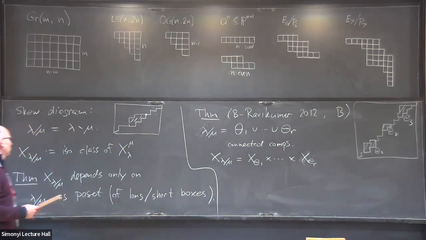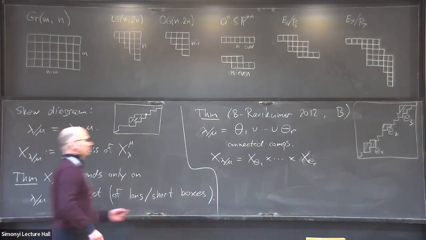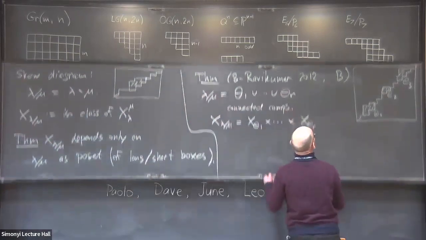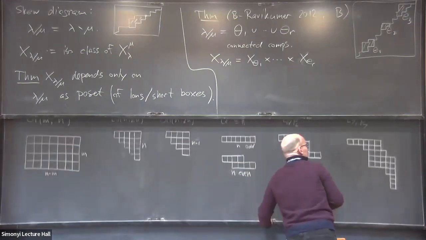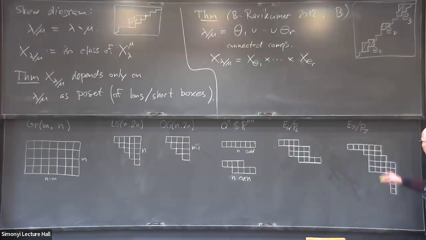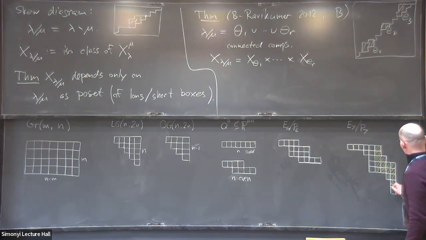Actually, now we have this theorem here. One example of that is if I roll this board down, I can take this skew shape here, all but the last box.